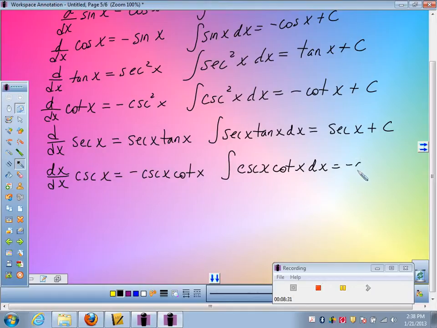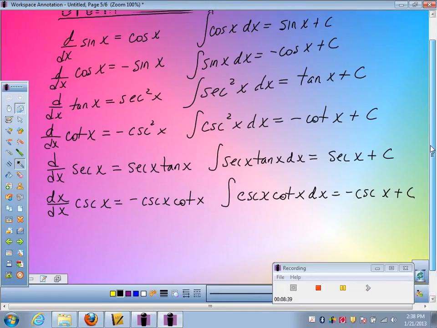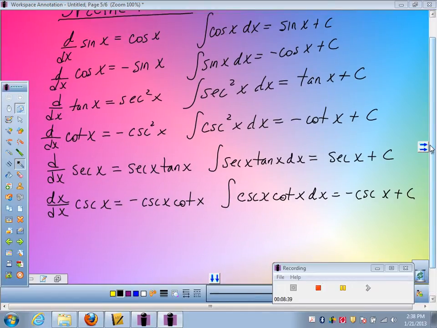Okay. Like I said, what plays with most people's brains on the trig functions is, what do I do with the negatives now? Notice, when we did derivatives on the left side, you always put a negative on when you did the derivative of a co. Anybody see when you put negatives on your answers?